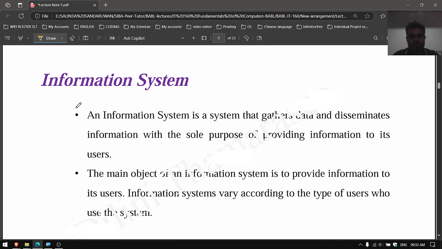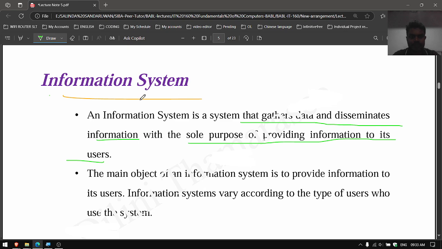Information system. This is a new thing for you. An information system is a system that gathers data and disseminates information with the sole purpose of providing information to its users.